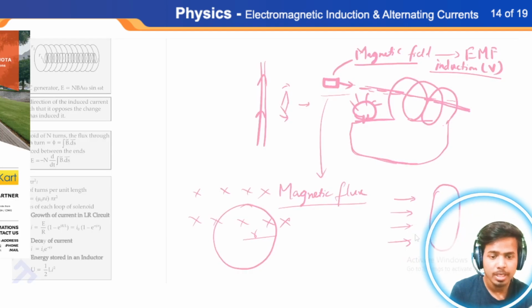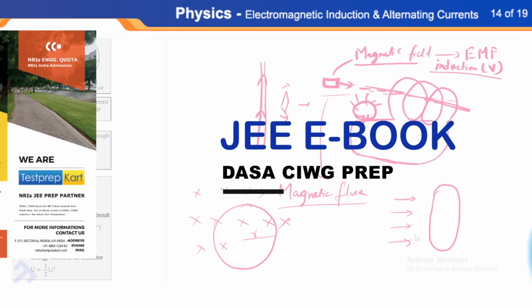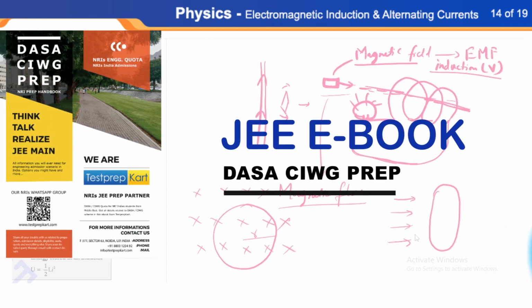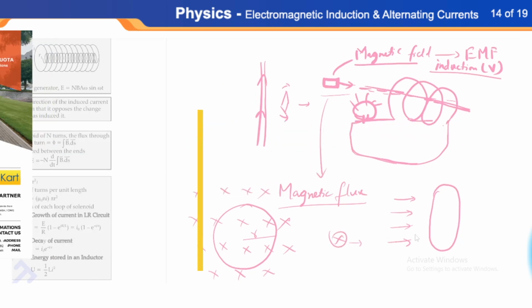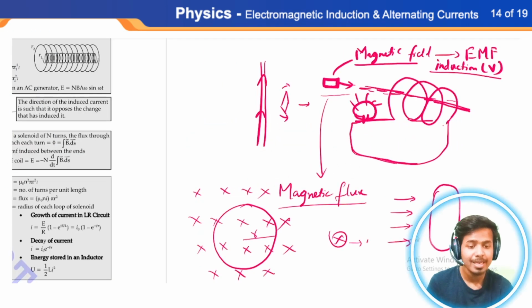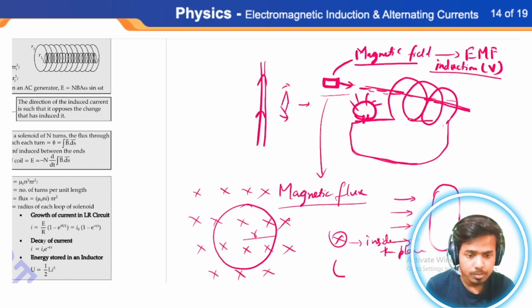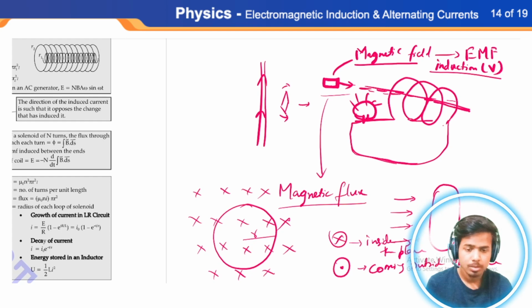Of course, I did tell you in the last class that this cross represents magnetic field, or any field going inside the plane, and this dot one coming outside of the plane.